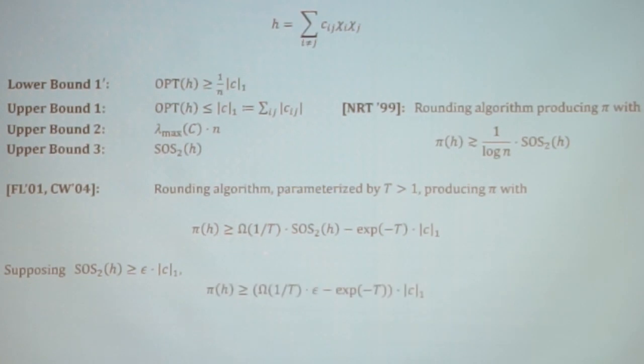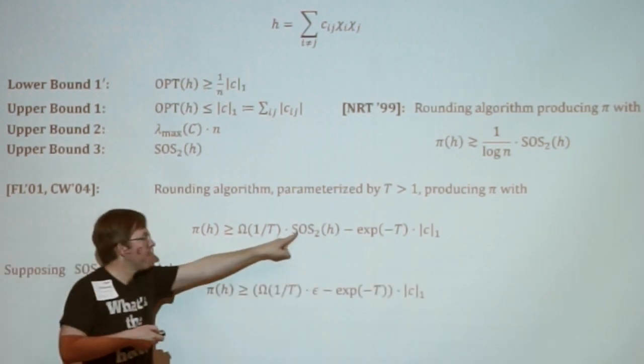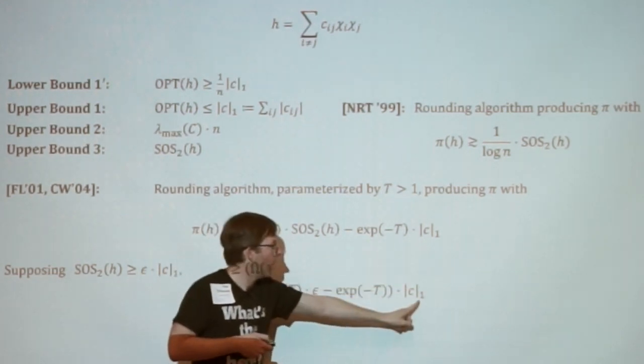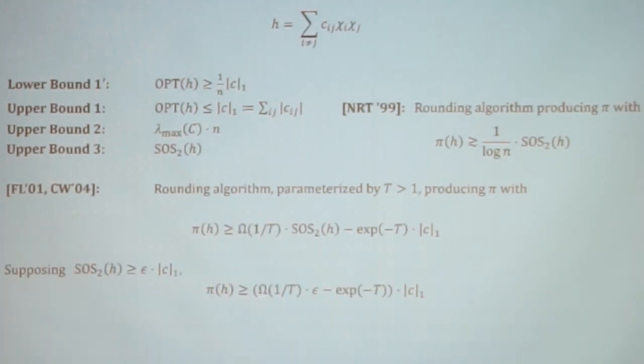Then you say to yourself, okay, I know this term is at least epsilon times the 1 norm of c. So if I were to do this Charikar-Wirth rounding, I would get a solution with this amount. And then this amount I can optimize myself. You should optimize it by choosing the best t, and the best t is, any quick-witted people out there? The best t is proportional to log 1 over epsilon, yeah.